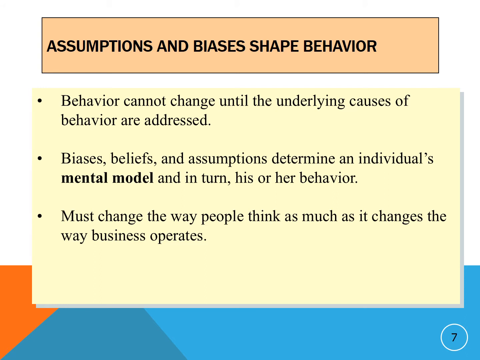At the very least, we must acknowledge the power of these mental models before transformation begins, because these biases, these assumptions will affect the transformation that we want to implement. So once you are aware of any biases, any assumptions in the organization, you may start by learning about the group that have these biases, these assumptions.